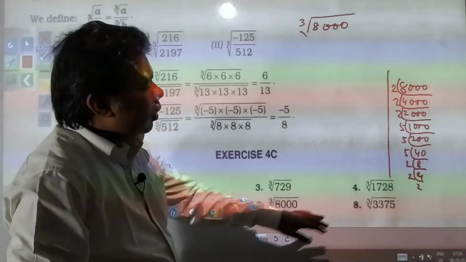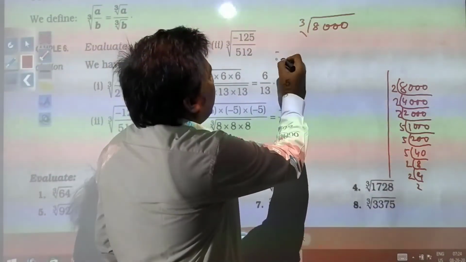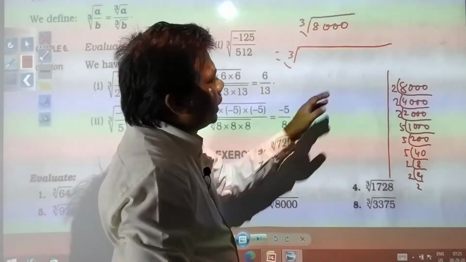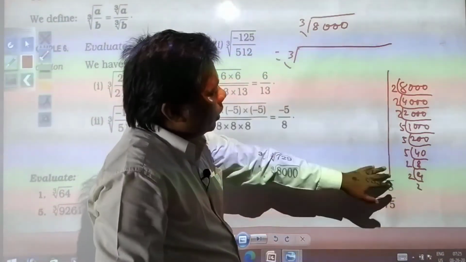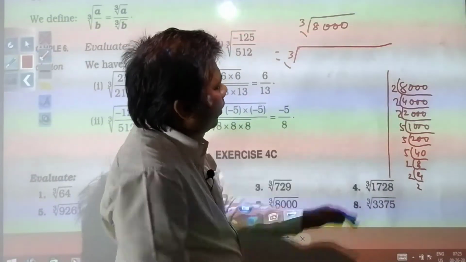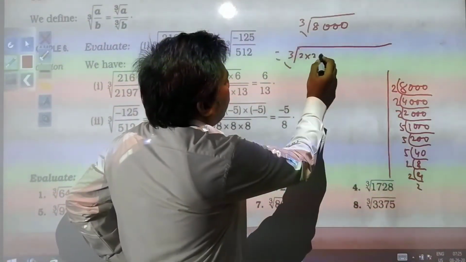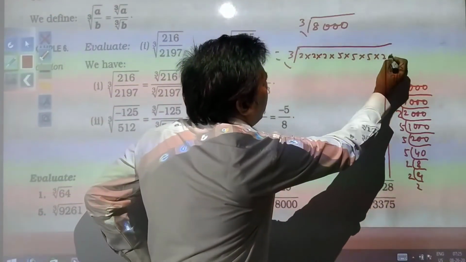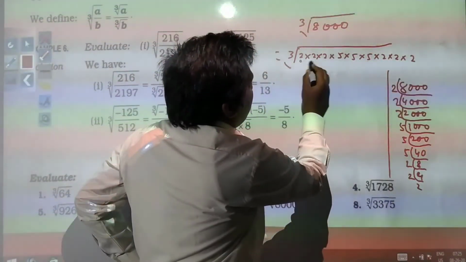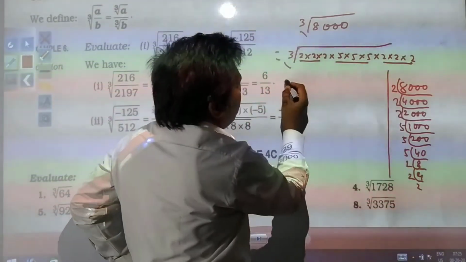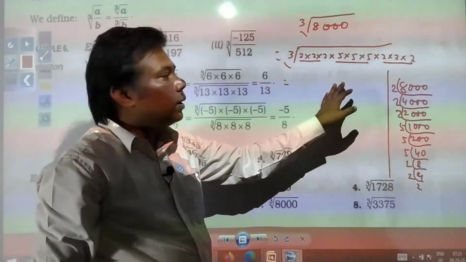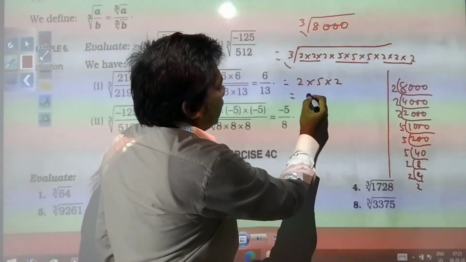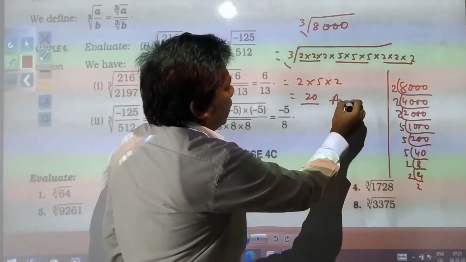So what have you got? Cube root of 8000, if you express 8000 as the product of primes, it will be 2 into 2 into 2 into 5 into 5 into 5 into 2 into 2 into 2. You have got 3 triplets. The product of the triplets will be your answer. This will be 2 into 5 into 2, which means 20, and this is your answer.